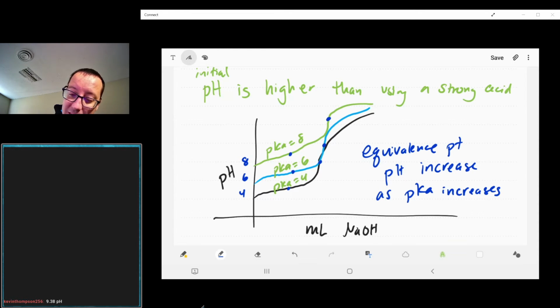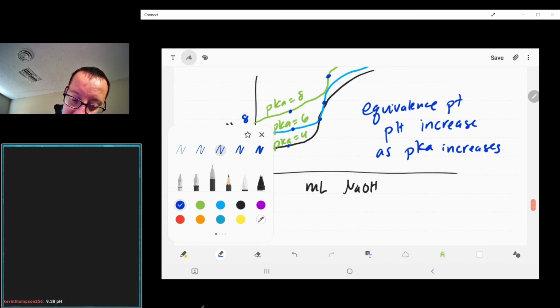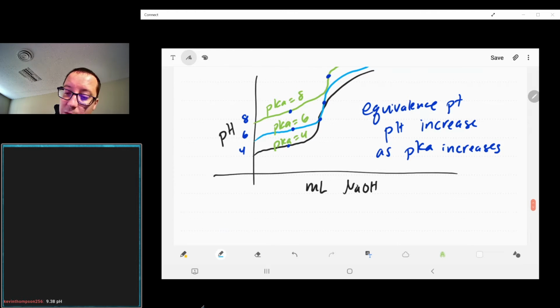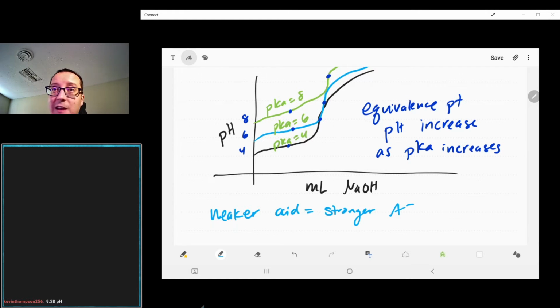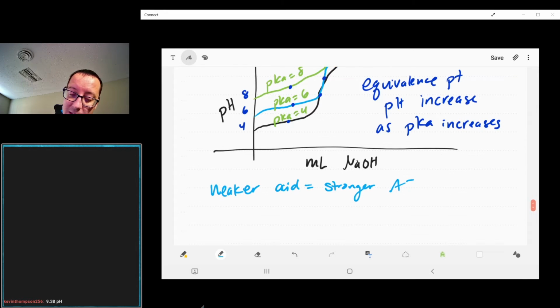So we're going to see that the equivalence point pH will increase as your pKa increases, because the weaker acid means stronger A-. Remember, they're inversely related to each other. So the weaker your acid is, the higher its pKa is.